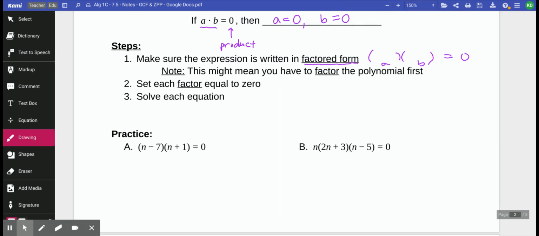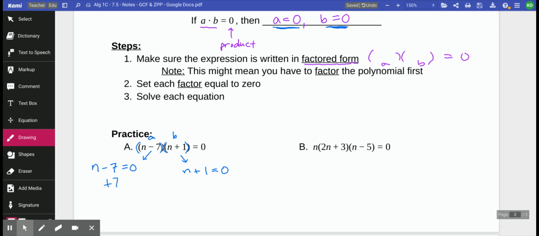These are already factored, okay? This is factored form. I can tell because I have parentheses. I have two things being multiplied equal to 0. So think about if this is A and this is B. We know that A equals 0 and B equals 0. So what I'm going to write is n minus 7 equals 0. That's my first factor, set equal to 0. I'm going to do the same thing with my second factor, n plus 1 equals 0.